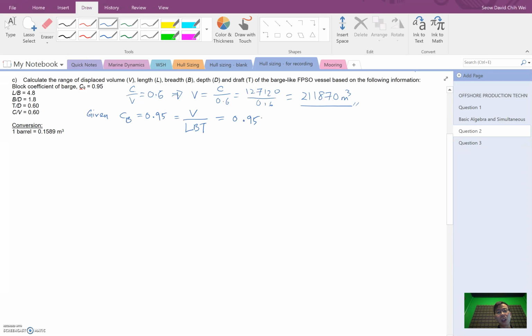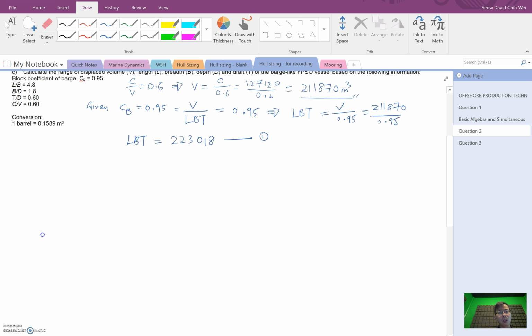And if we rearrange the whole equation, we have length, breadth, draft equals V over 0.95, and if I were to work everything out, I would then get LBT is equal to 223,018. Call this equation 1. Okay, so I have the first equation.